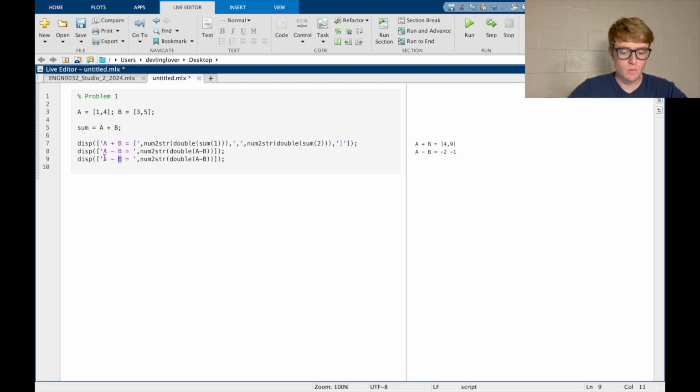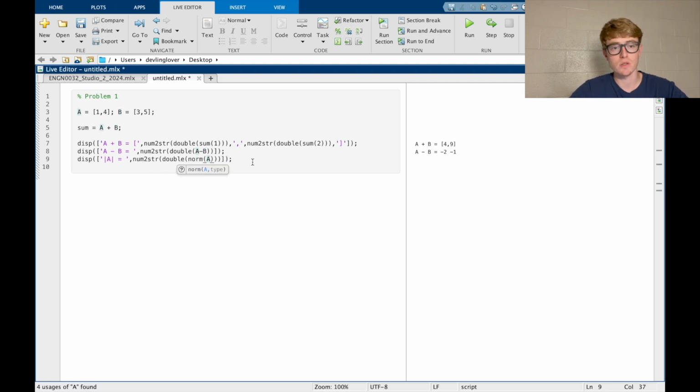So the next thing it wants is the magnitude of A. So MATLAB actually has a built-in magnitude function. Of course you could write out the distance or magnitude formula, whatever you want to call it, in MATLAB and run it that way, but why do that when MATLAB has this nice function?